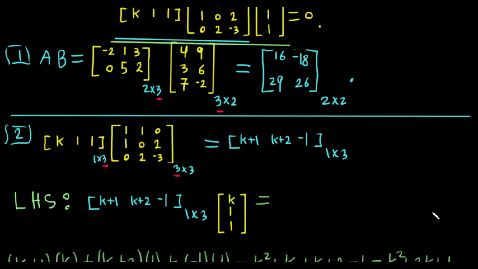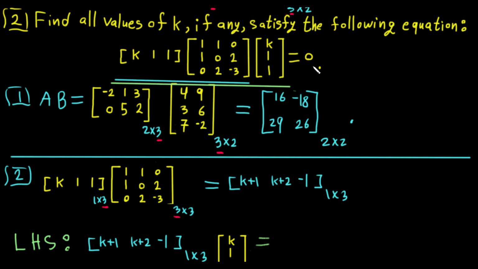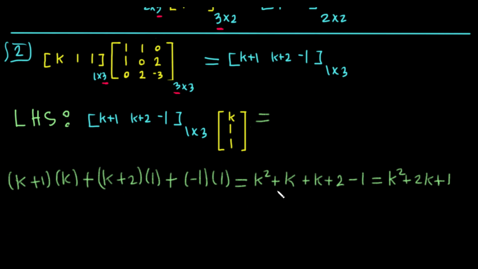Now we have to compare it with this 0. So the answer of multiplying these is a matrix, which is k squared plus 2k plus 1. To illustrate more, here we have only a 1 by 1 matrix. Why?